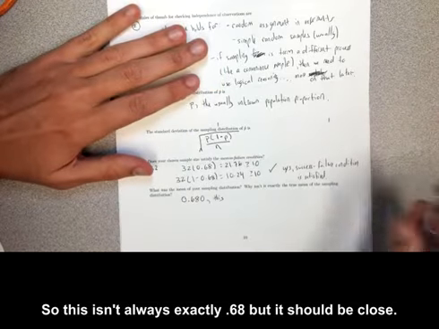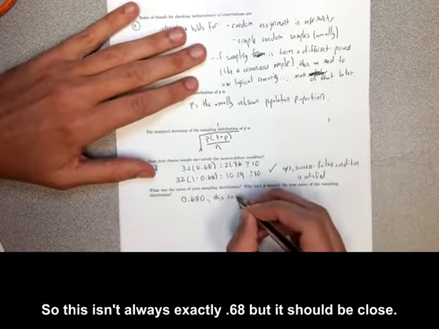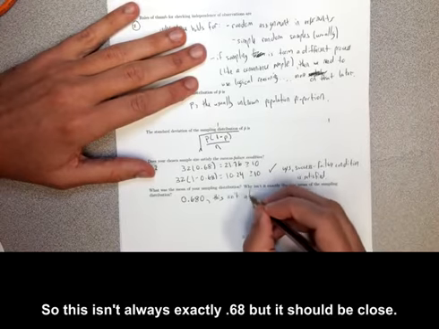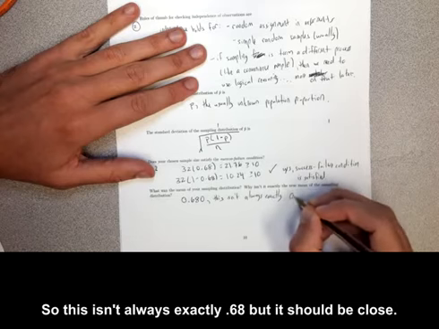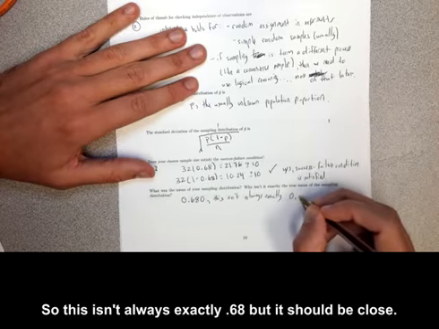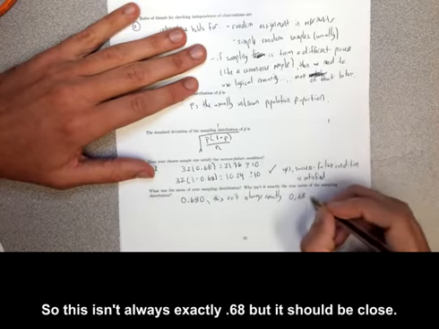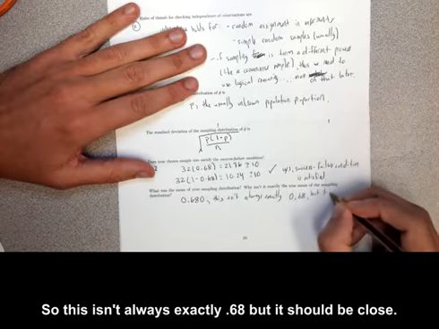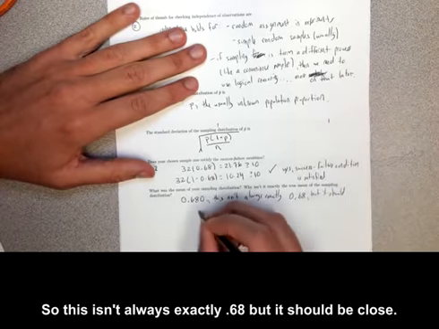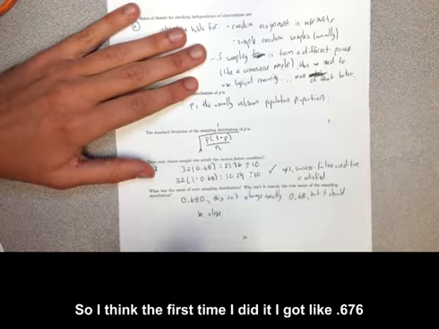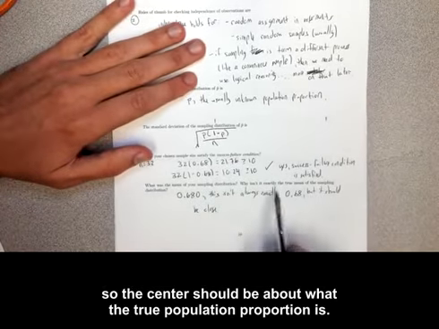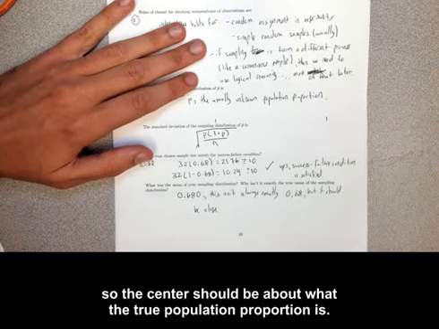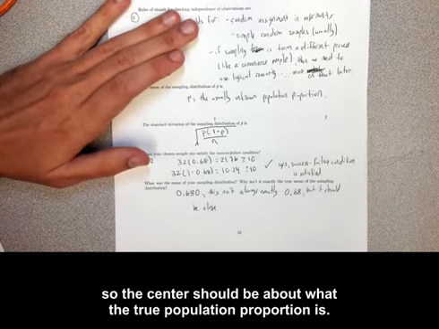So this isn't always exactly 0.68, but it should be close. I think the first time I did it, I got like 0.676. So the center should be about what the true population proportion is.